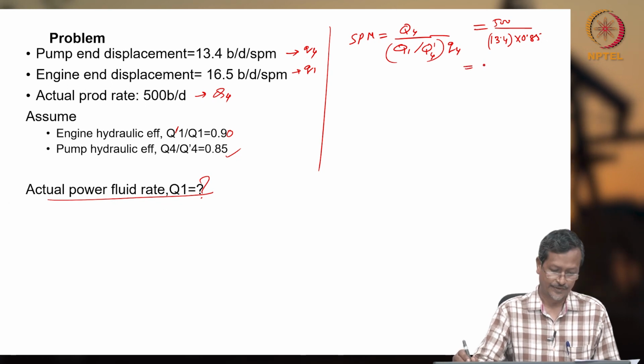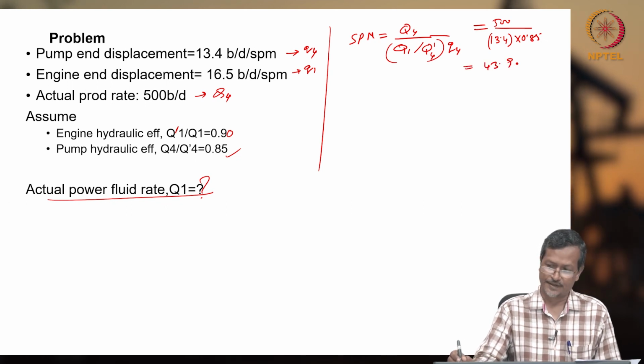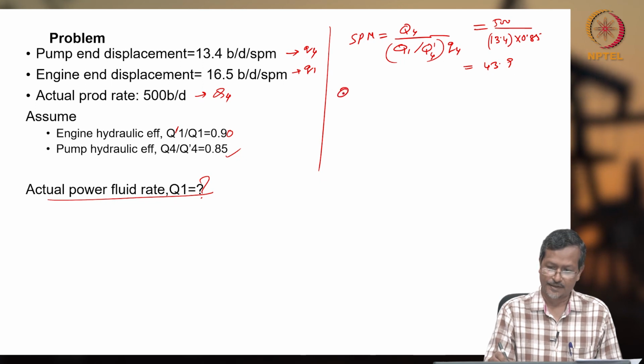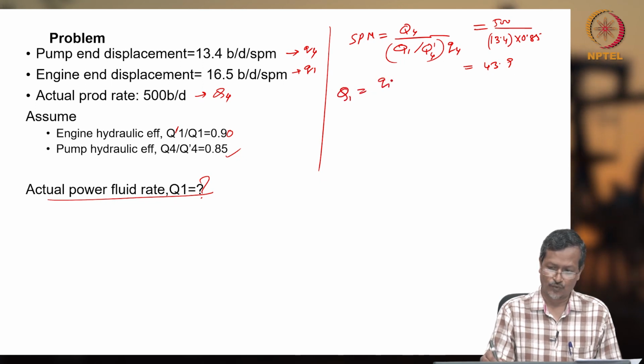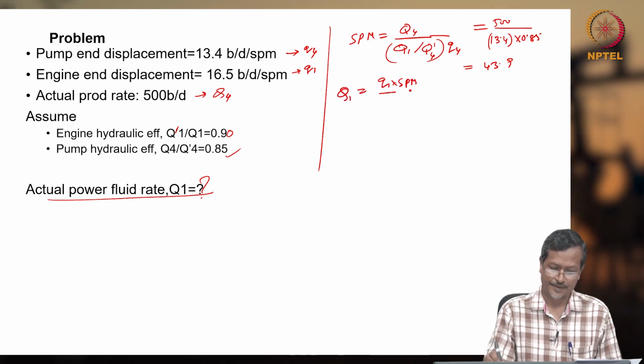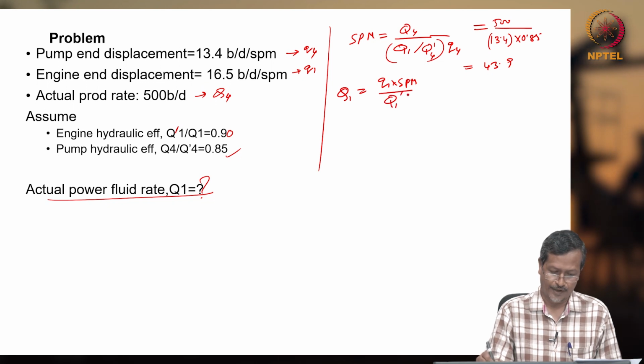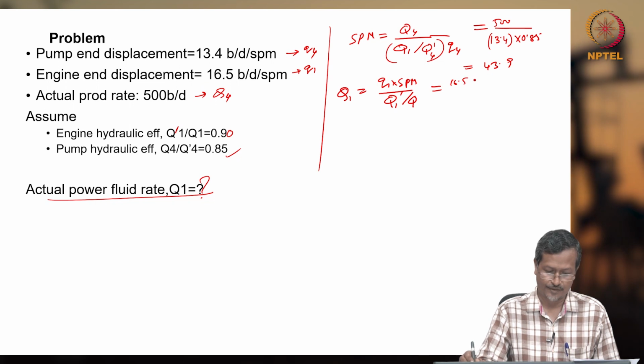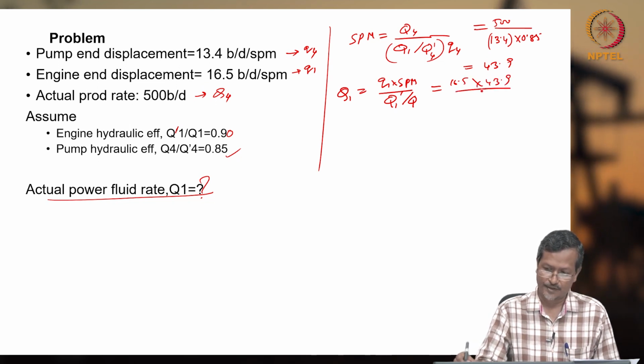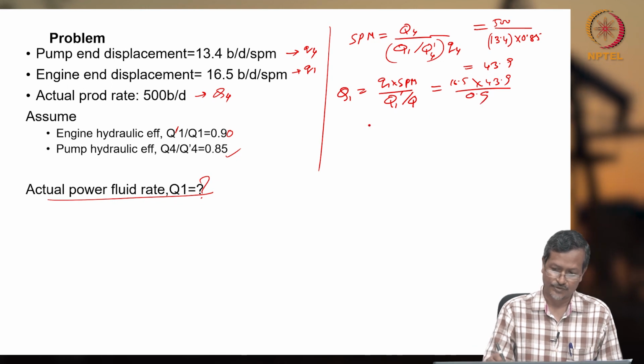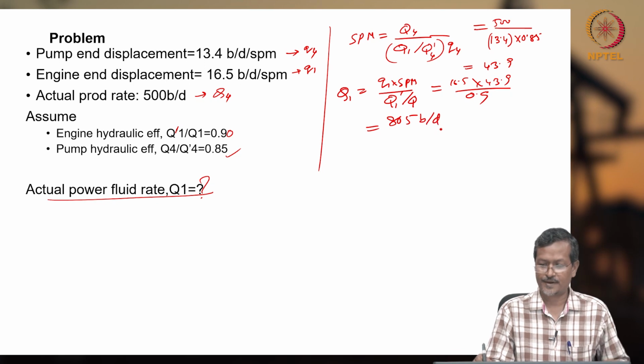This gives 43.9 SPM. And Q1 equals q1 into SPM divided by Q1 dash by Q1, so 16.5 into 43.9 divided by 0.9. The value becomes 805 barrel per day.